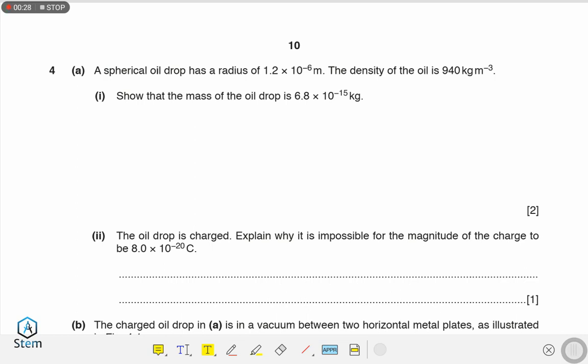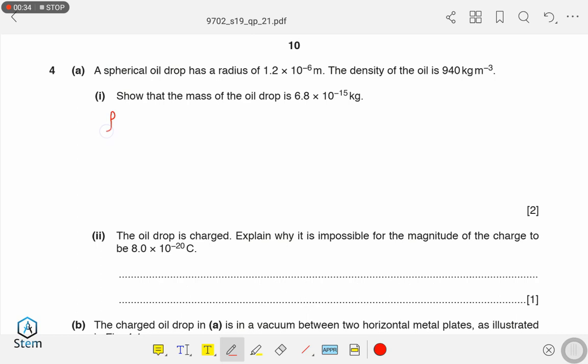Alright, this one is straightforward. We use density is equal to mass over volume. Therefore, mass is equal to density multiplied by volume. In the question, we have been given the density, but we have not been given the volume.